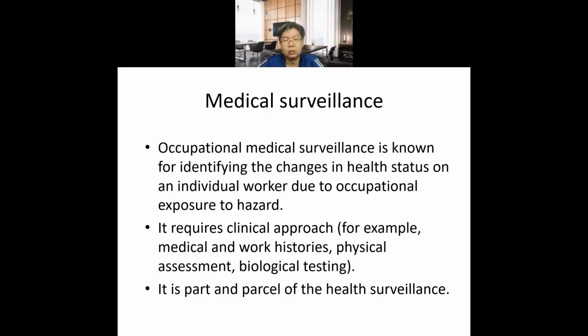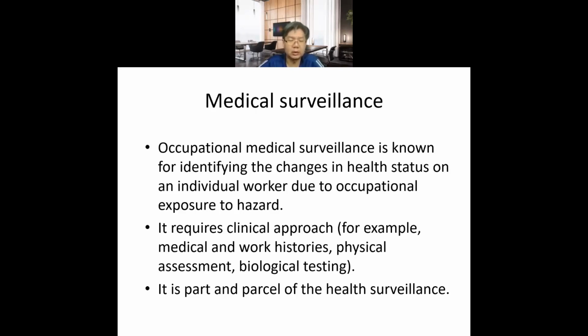When you zoom into the terminology called medical surveillance, it is basically a subset of occupational health surveillance, which focuses on the changes in the health status of an individual due to occupational exposure to hazard. Looking at this term, medical surveillance just means surveillance of medical conditions, and it requires a clinical approach.